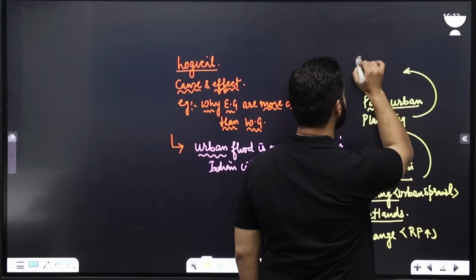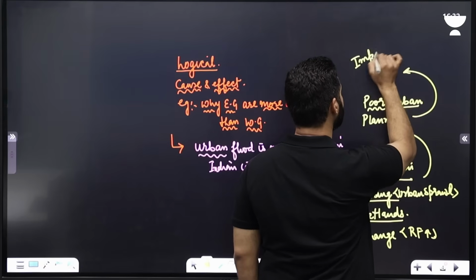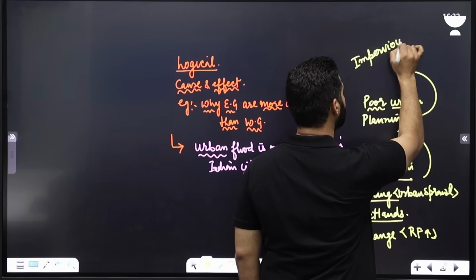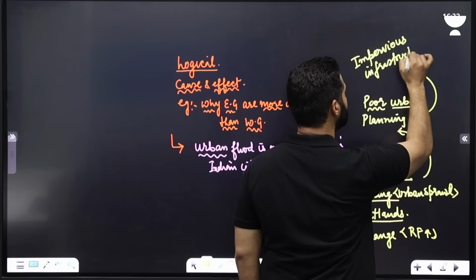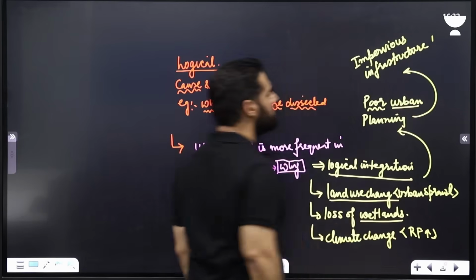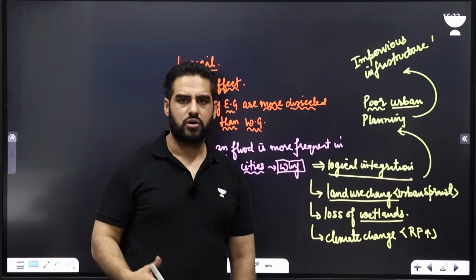That is impervious infrastructure. These are some of the examples which makes geography logical.